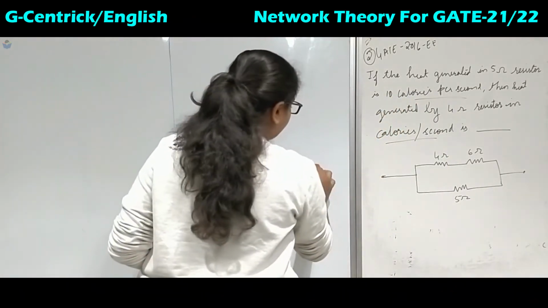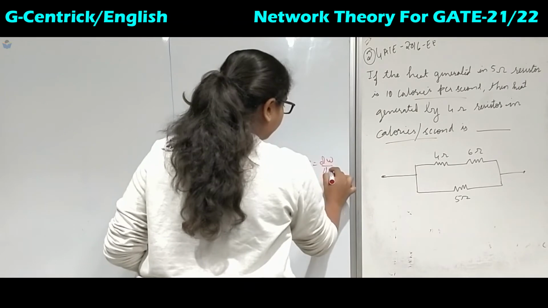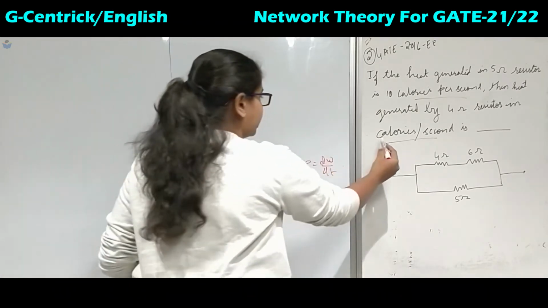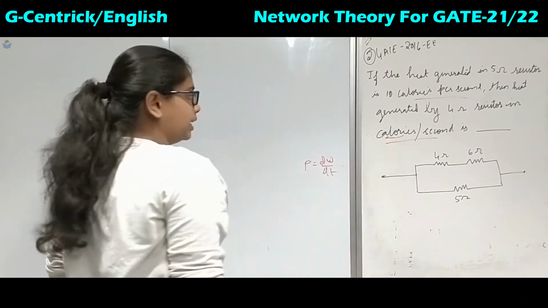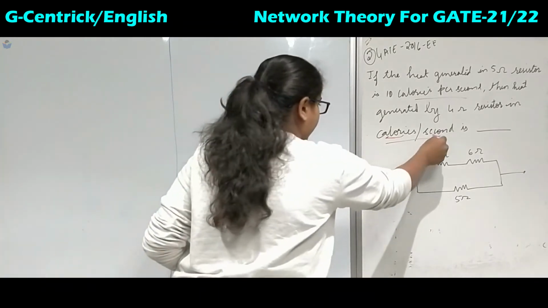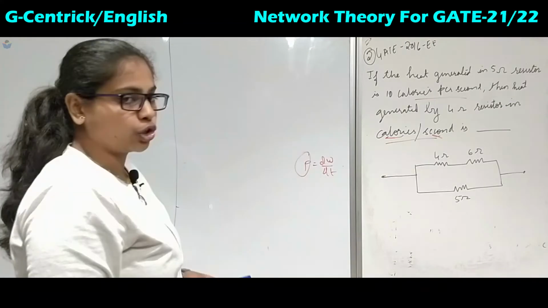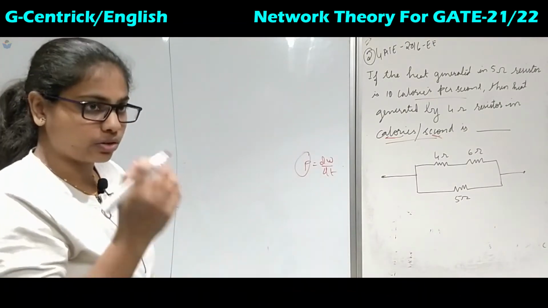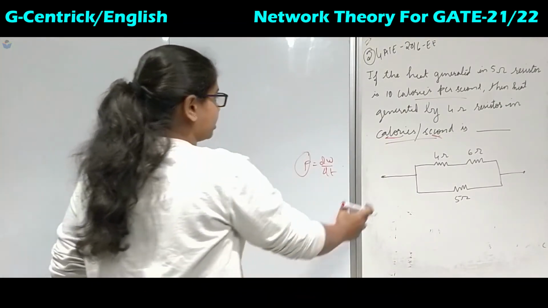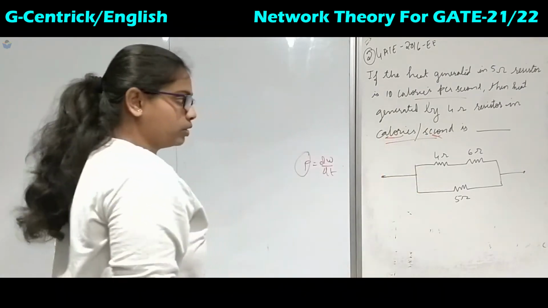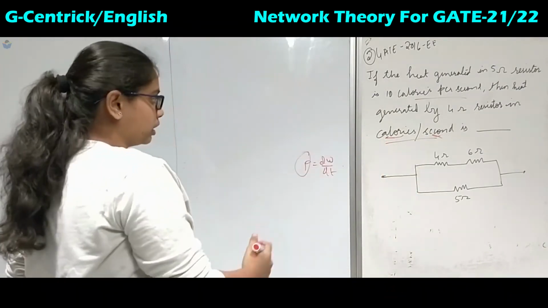Power is nothing but dW upon dt, where dW denotes energy, and per second it gives the power. We have the conversion from watt to calories and calories to watt. Since they have asked in the same unit, calories per second and calories per second, there is no need of conversion.